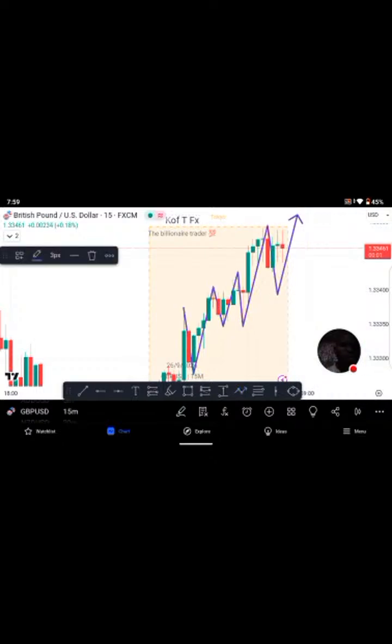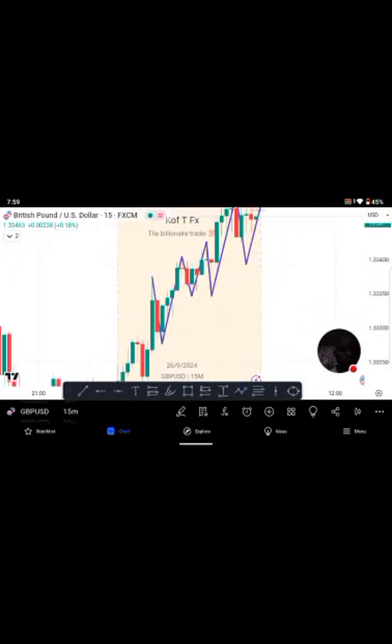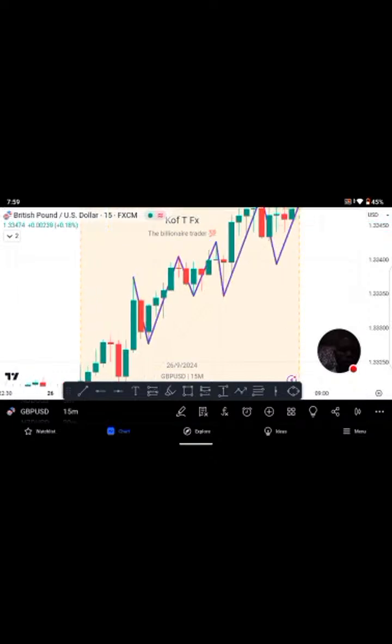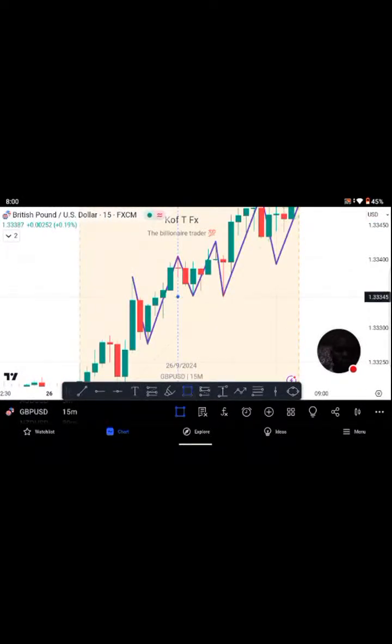So looking at this, we have a setup here on GBPUSD as well. A buy setup.